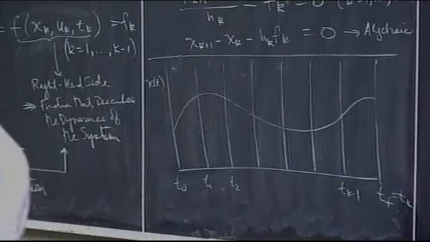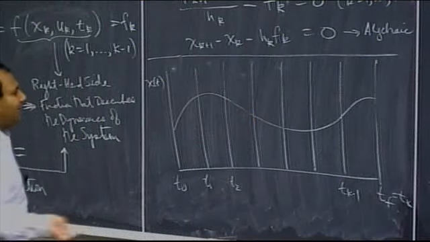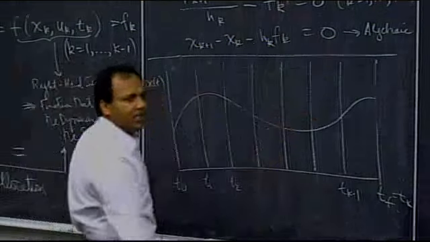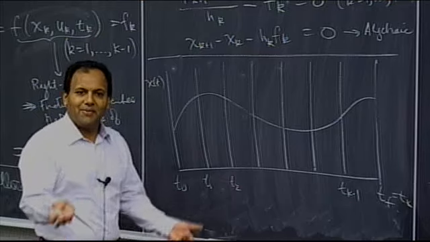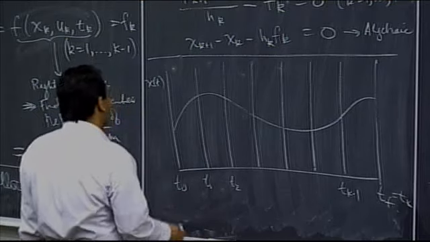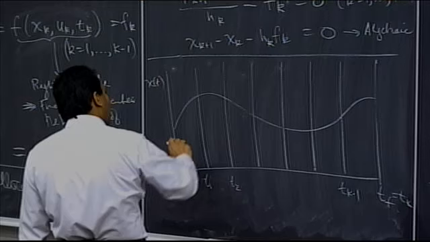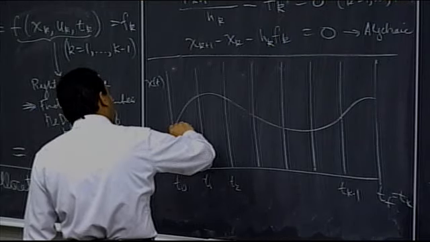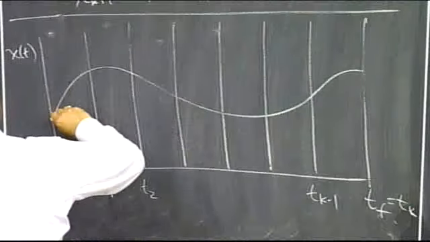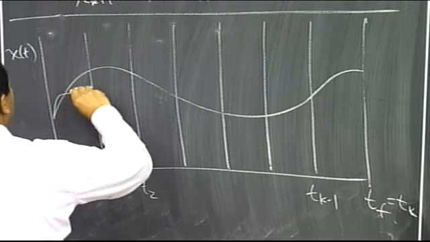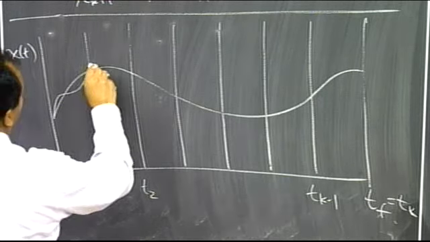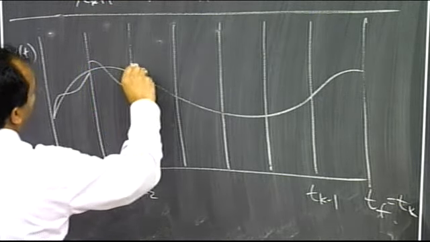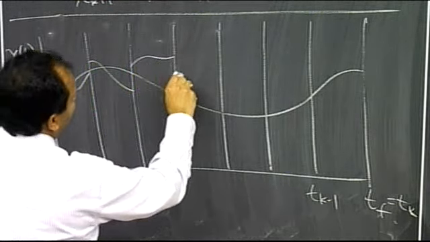If I knew what the function was, I'd be done, because then I'd have the solution. So over each of these intervals, I'm going to approximate the state with some polynomial, or some function, which I'll talk about polynomials in a minute. And I'm going to do that over each segment of the problem.